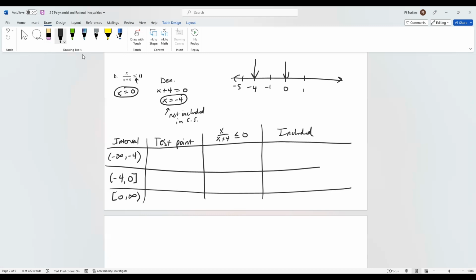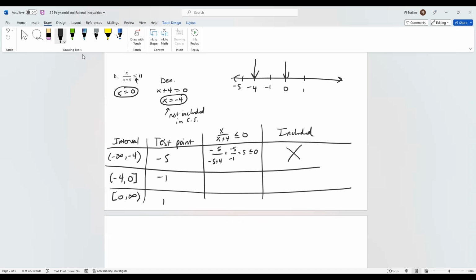Okay. Test points. We said -5, -1, and 1. Plug them in. We have -5 over -5 plus 4. That's -5 over -1, or 5. Is that less than or equal to 0? No, it is not. So we do not include this region.